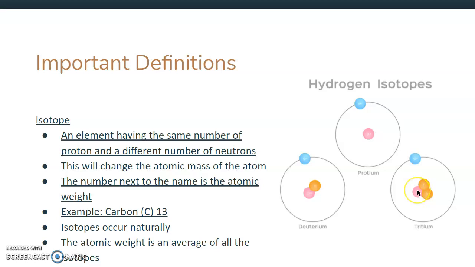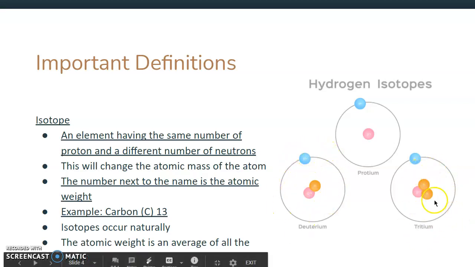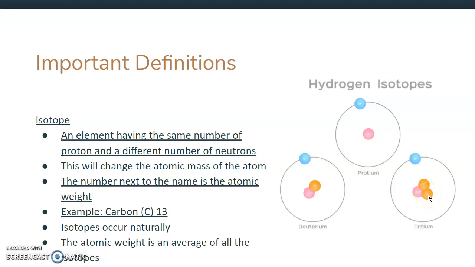With our averaging, the things that are found more naturally, that come up more often, is our normal proton. Maybe let's say 95% of the hydrogens you're going to find on the Earth look like this, but the other maybe 2% look like this, and 3% look like this. That averages into how we find our atomic weight.